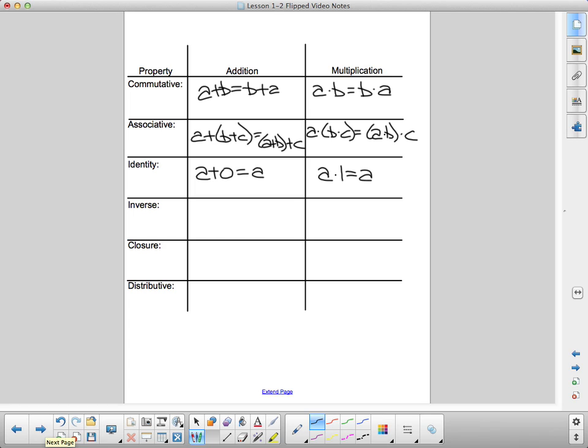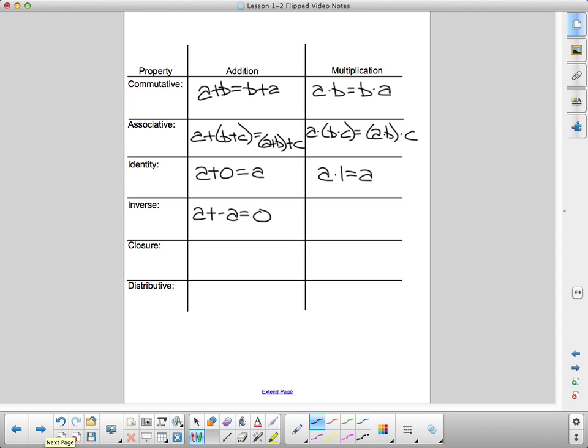Now the inverse property. The inverse property for addition and multiplication are a little bit different. For addition, it's what's going to cancel with our number to get it back to 0. What's going to cancel with our number to get it back to 0? So in this case, it'll be negative that number. A plus negative A equals 0.